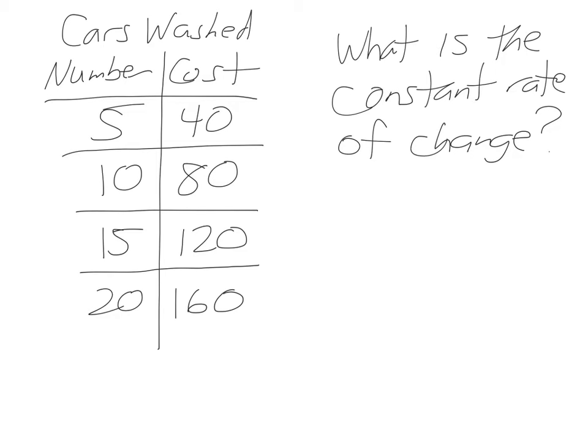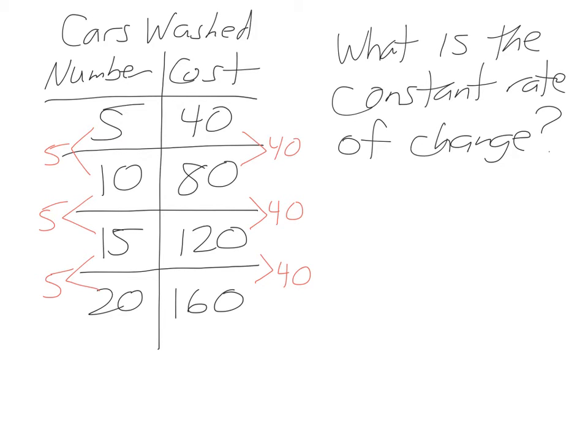So let's look at how things change. How does the number of cars washed change? From 5 to 10, it's a 5 change. From 10 to 15 is a 5 change. And from 15 to 20 is a 5 change. In the money, from 40 to 80 is a $40 change. From 80 to 120 is a $40 change. And from 120 to 160 is a $40 change.